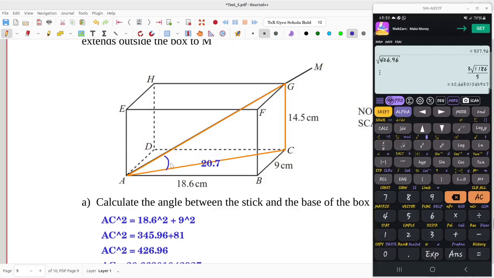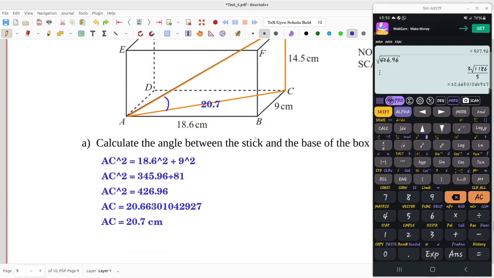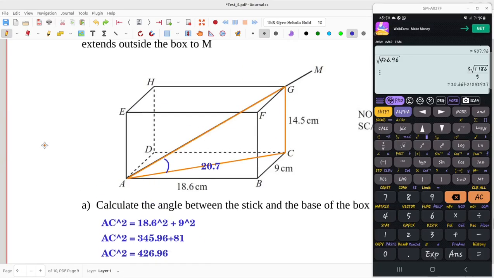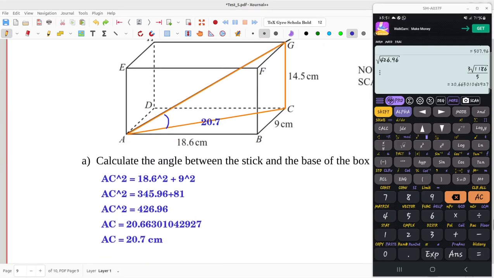Let's find the angle here. This is adjacent and this is opposite, so we use tan. So tan of the angle, let me call it x, is equal to the opposite, 14.5, over 20.7. But remember to use the answer from your calculator.